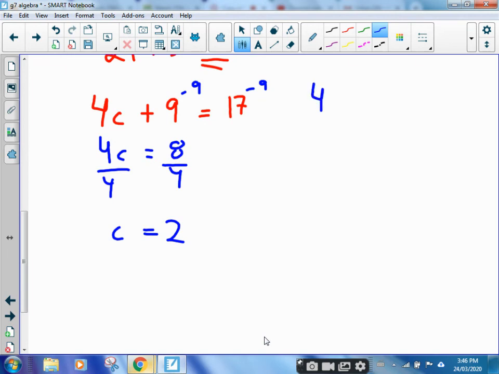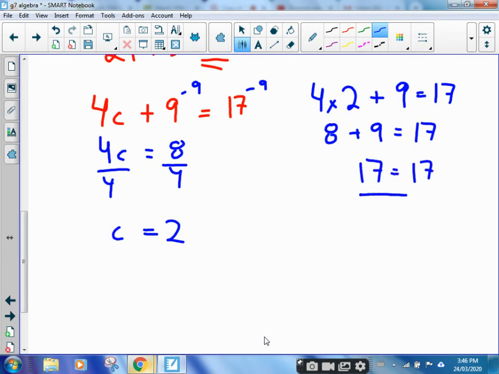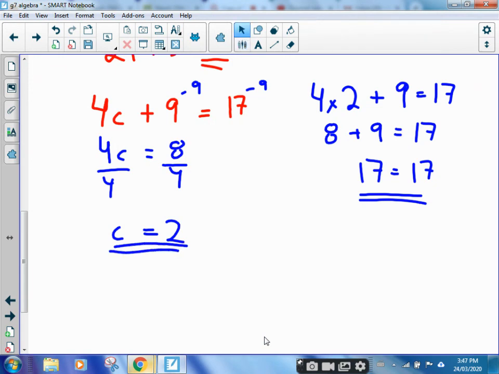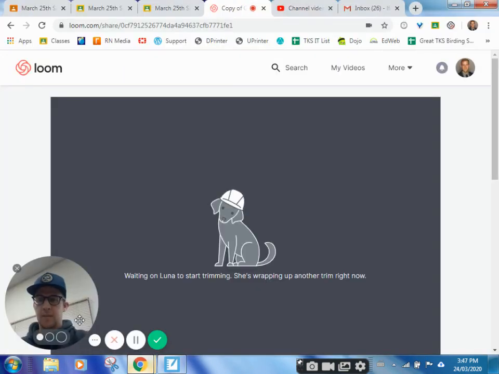So 4 times 2 plus 9 equals 17. 8 plus 9 equals 17. 17 equals 17. Since this is true, that means that I have solved that equation correctly. So that is how you do substitution. All right.